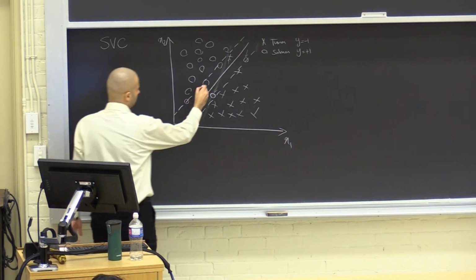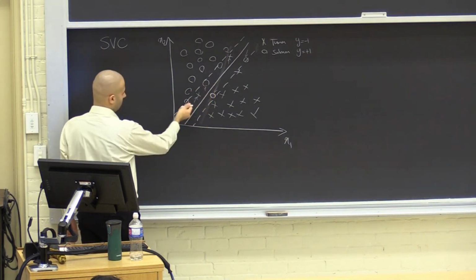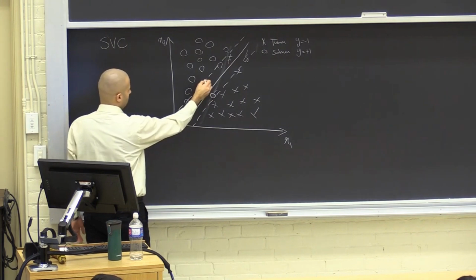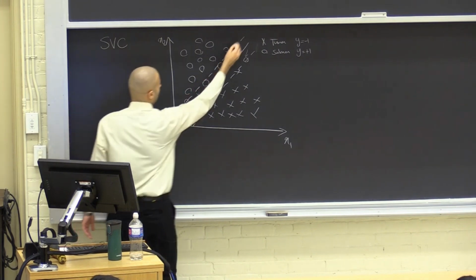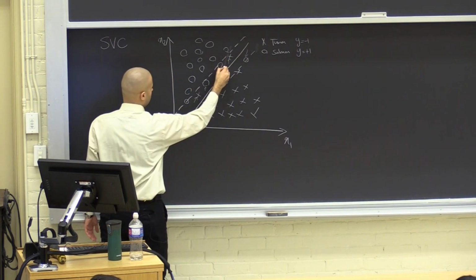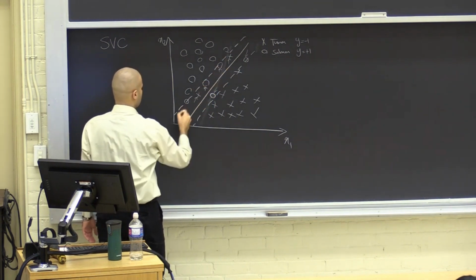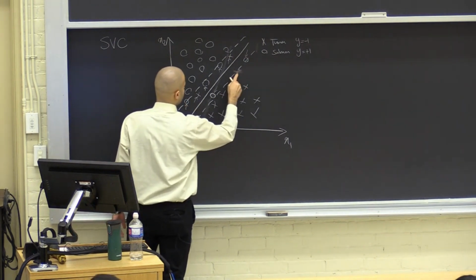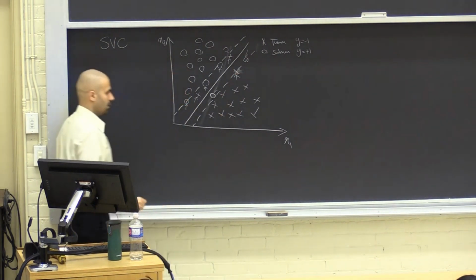And then there's this point that, based on the decision rule, based on the hyperplane, is on the correct side, but it's on the wrong side of its own margin. So the margin for class O is actually this one, and this is on the wrong side of its margin. This one is on the wrong side of its margin, and this one is on its margin. Let's say this x is also on its margin.